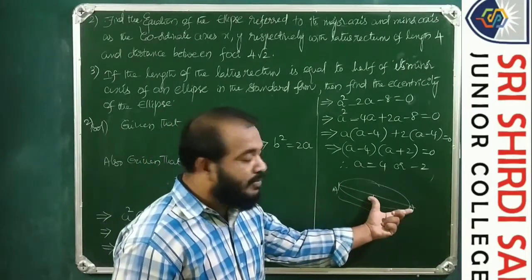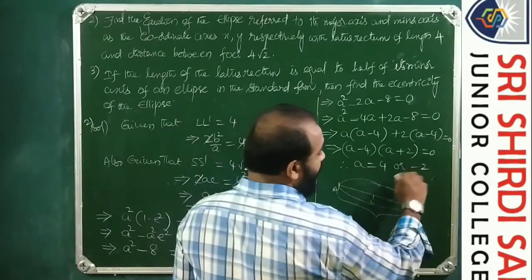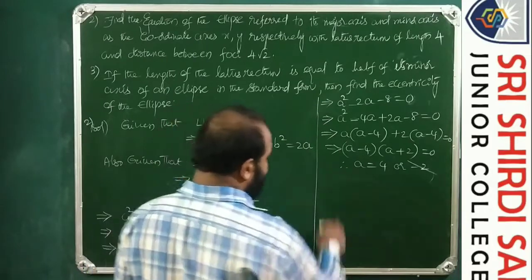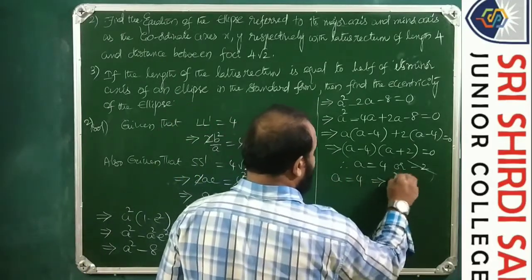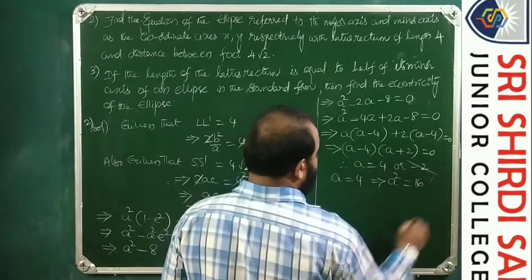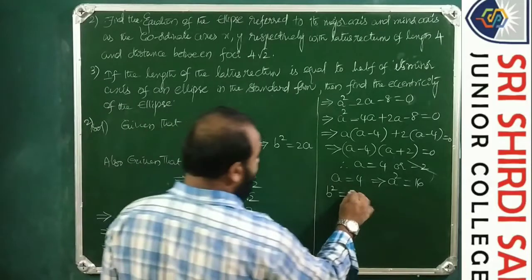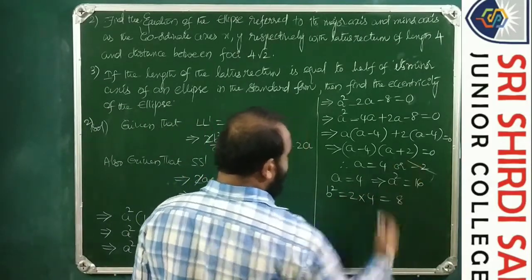The length of the semi-major axis, length means always positive, therefore it should not be minus 2. Therefore a equals 4. From this, a square equals 4 square, 16. And b square equals 2a, 2 into 4 is 8.